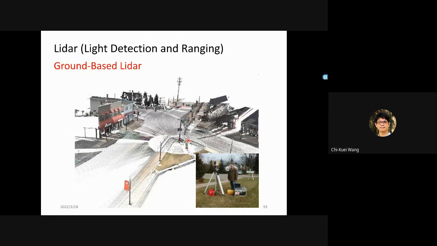The camera is also used in this system, so that's why it has colors. In this very small intersection, you can see the facade colors of all the buildings, and also all the light poles here and there. So it can be done with a single person.